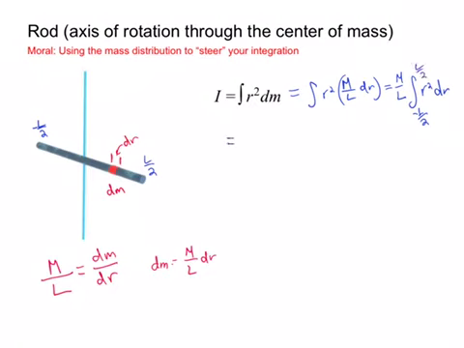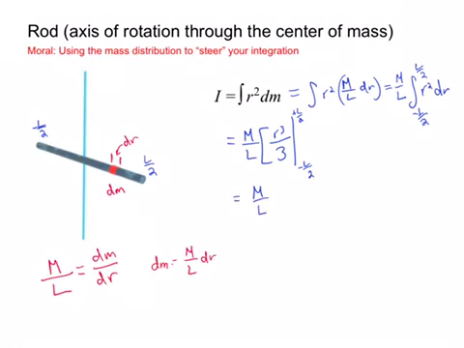So performing this integration, we get M over L times r to the third over 3, which needs to be evaluated from negative L over 2 to positive L over 2. Keep in mind that since this is what math teachers would call a definite integral, we don't get a constant at the end.